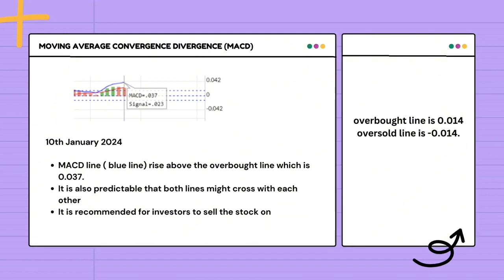This shows that both of the lines rise above the overbought line. It is also predictable that both lines might cross with each other in a few days, and that will be a strong signal for investors to sell their stock. It is recommended for investors to sell their stock on 10th of January 2024.